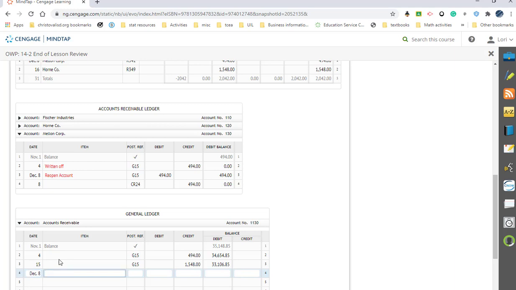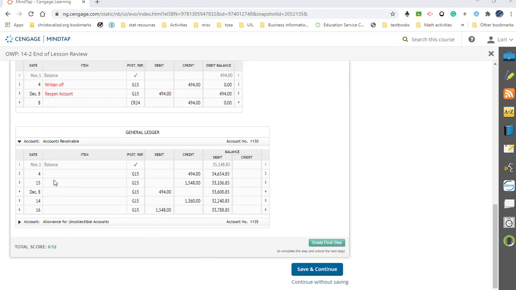This is where we received cash from, I believe it was Melancope, and they paid us the amount of $4.94. And so we need to add that back in. Our account balance is going to go up at this point. So check and make sure that you've posted all of these correctly.